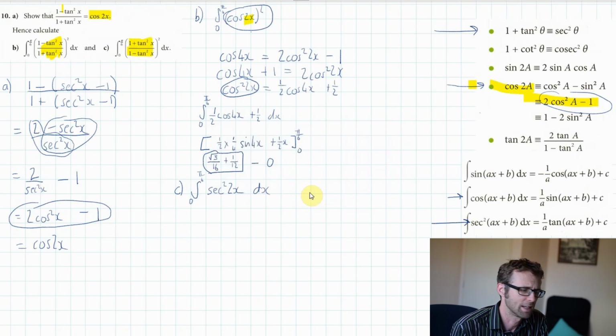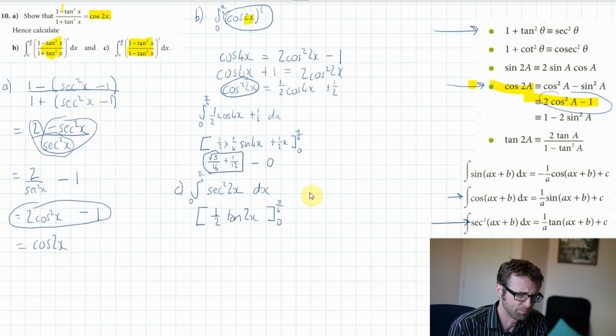We're using this formula here. So I put my brackets in like that. I'm going to have 1/2 tan 2x between 0 and pi over 6. Now, if I chuck this in my calculator, the first one is going to be 1/2 tan pi over 3, because it's 2 times pi over 6.